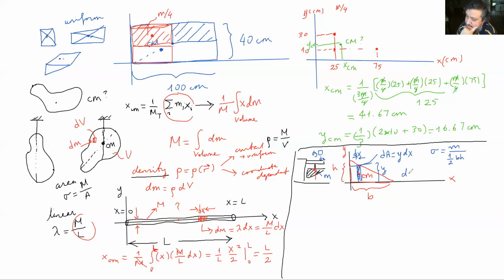So dm will be rho, which is 2m divided by bh times y times dx. And then I integrate this to get the total thing. I'm going to be careful though. There's y here, and y depends on where you are, and it changes with x. So I need y as a function of x.